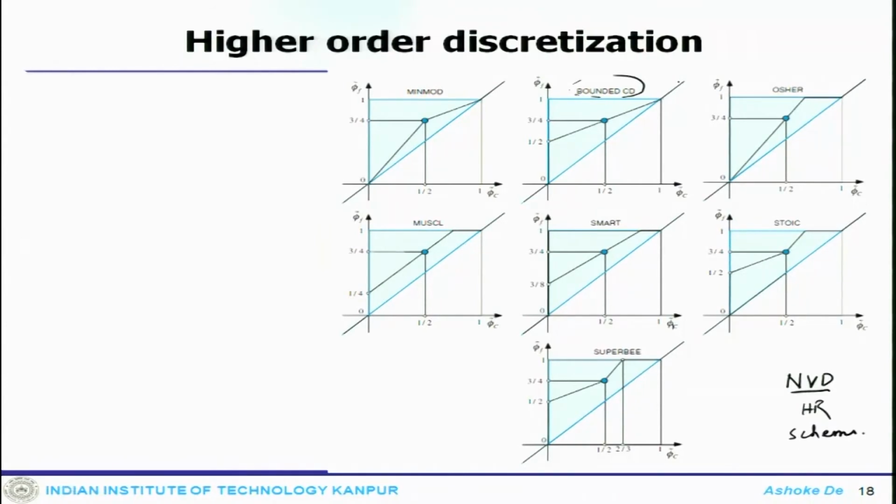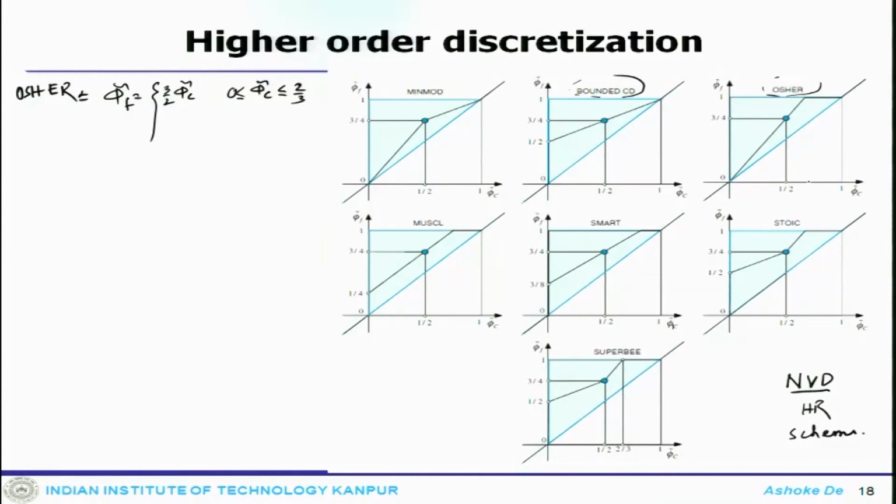In the NVD, similarly, the scheme OSHER is another higher order scheme. The OSHER scheme says that phi f equals 3 by 2 phi c if phi c tilde lies between 0 and 2 by 3.